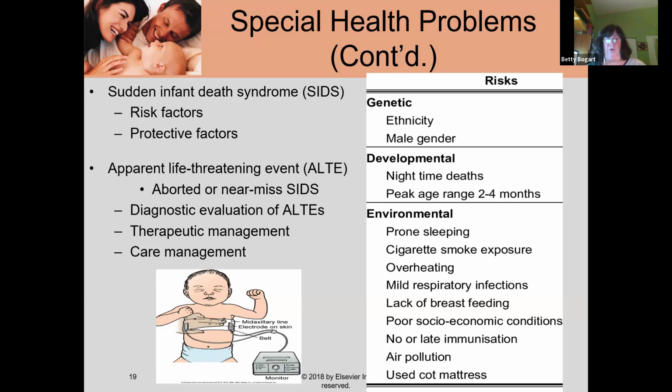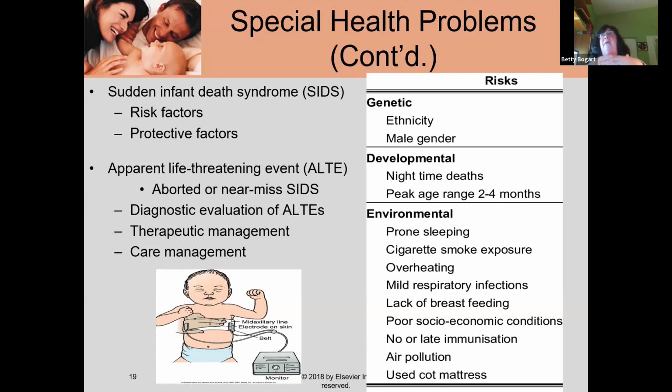Another thing that children get is something called an ALTE. It's an apparent life-threatening event. It's, the baby turned blue and it wasn't breathing, and I patted it and it didn't come back. That's what the parent would say. Well, many times it's reflux coming up, right?